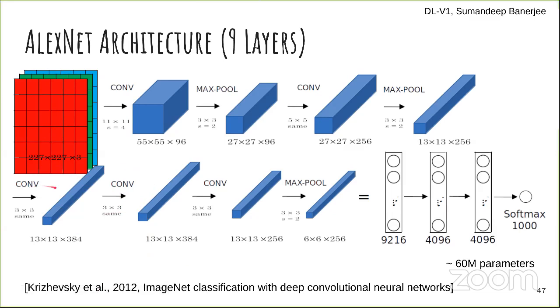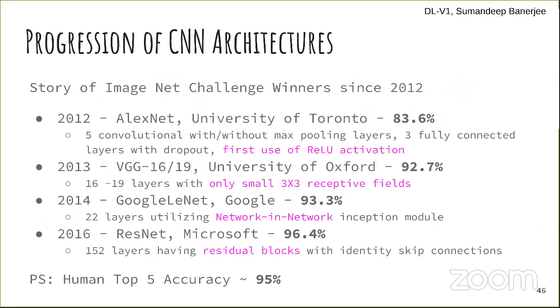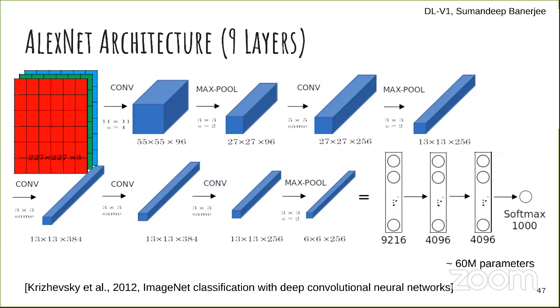So convolution, ReLU, convolution, ReLU, convolution, ReLU, then one max pooling. Overall, it basically follows that pattern, but with many hyperparameters. So it is a very custom-made network, you can say, for that problem. In fact, the building and training of AlexNet was very highly targeted towards winning that challenge, winning that competition.